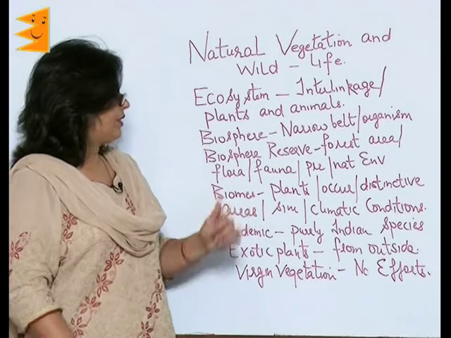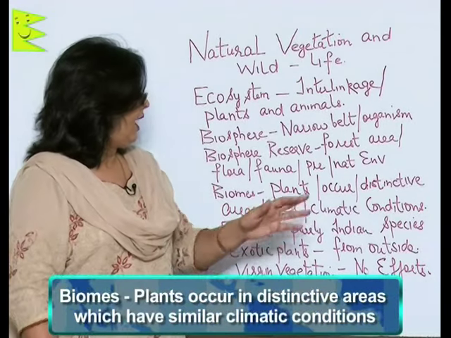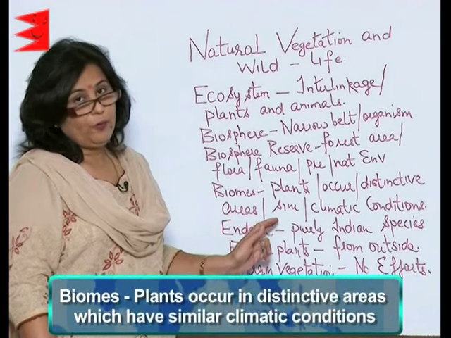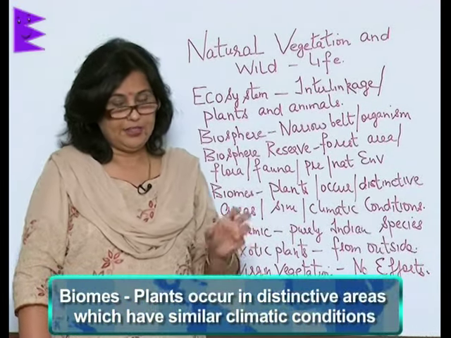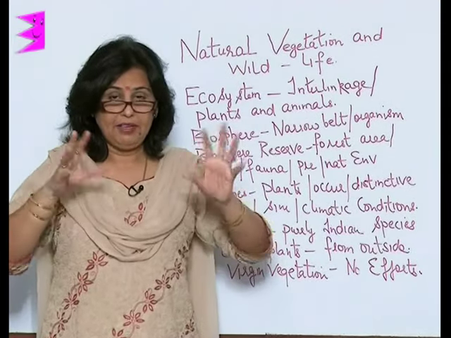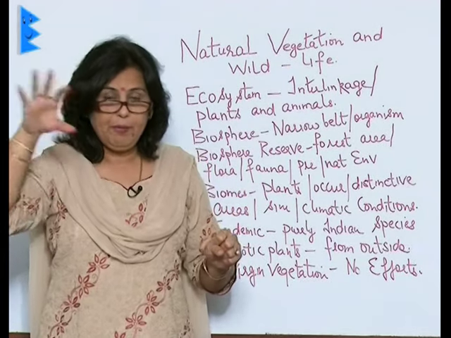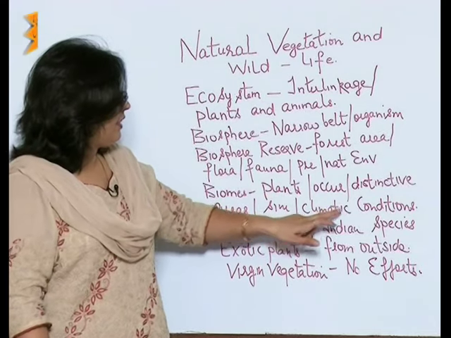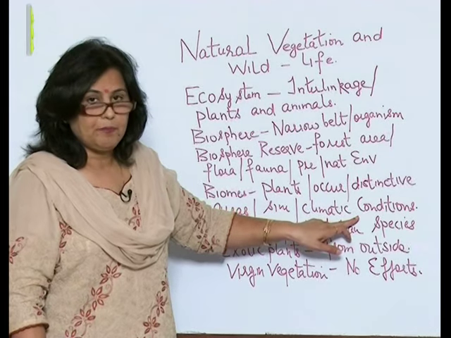Next is biomes. Biomes is when plants actually occur in distinctive areas which have similar climatic conditions. That is to say, in different areas you could be having similar kind of plants, but the similarity between those different areas is that they have climatic conditions which are same.